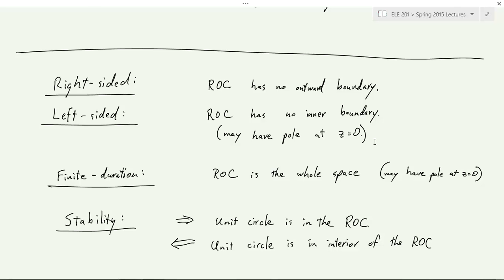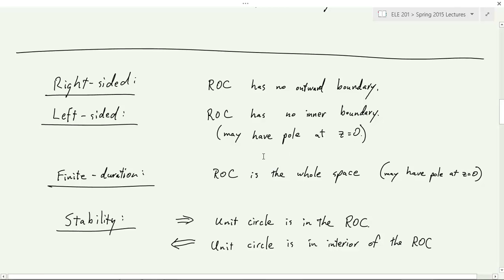That did not affect the region of convergence for the Laplace transform. But that infinite horizon becomes the point z equals 0 in the Z domain. So what you need to remember there is, it's okay if the z equals 0 point might not converge. We'll still talk about that as if there's no inner boundary, because a left-sided signal has no inner boundary, but it might still have a pole at z equals 0.